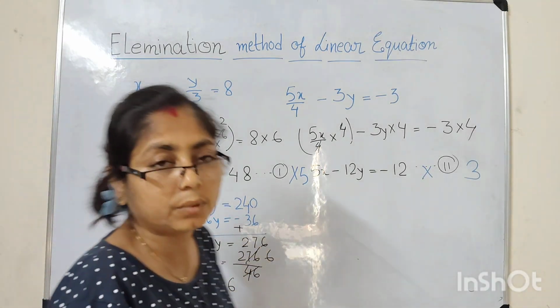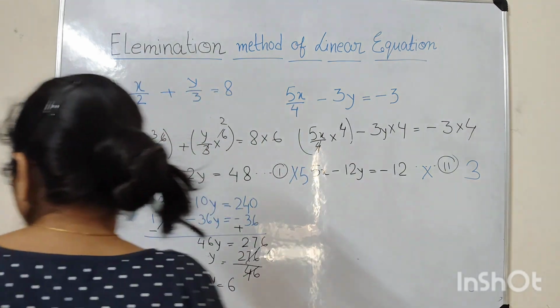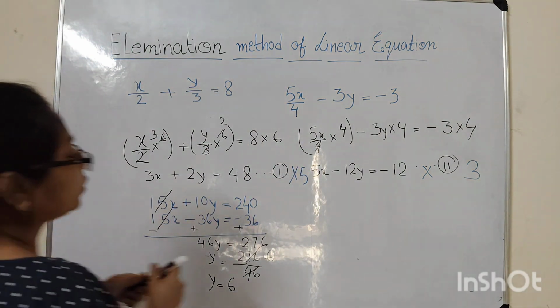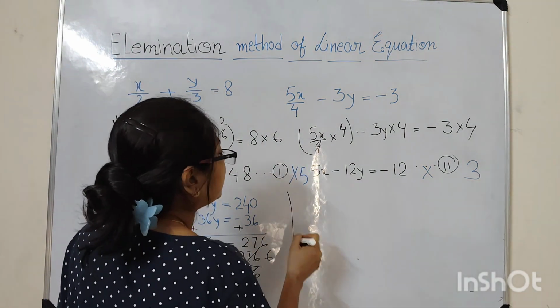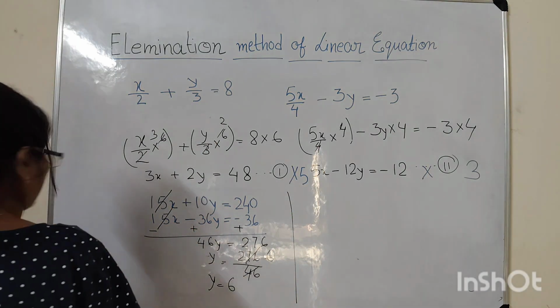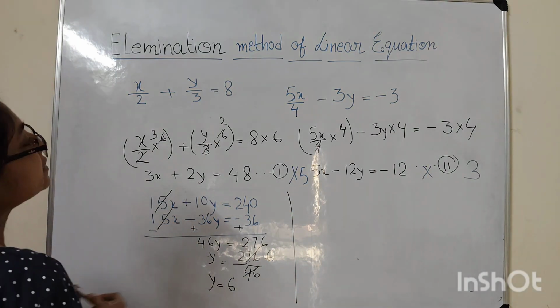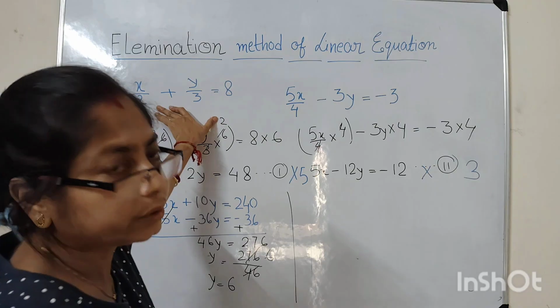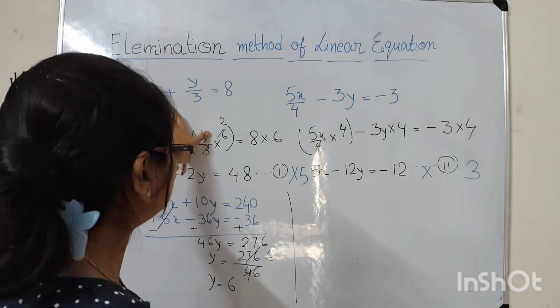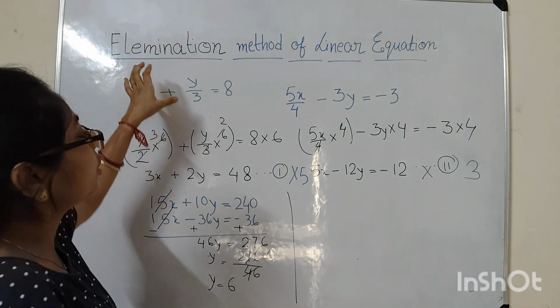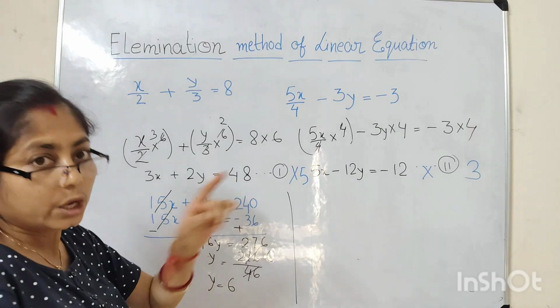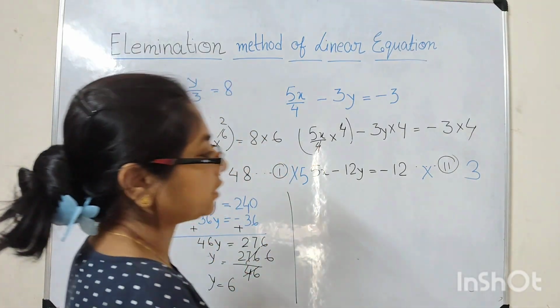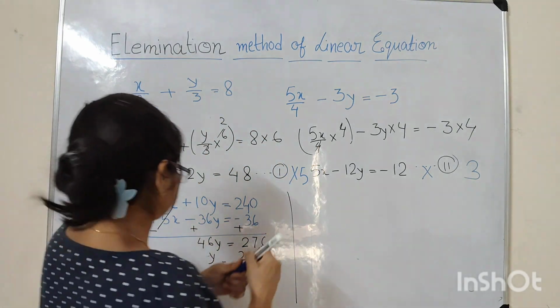We got the value of y. Now what are you doing? You go to the next step. You put the value of y in the first equation. In the first equation you can put it here, but I am telling you do not put it in the fraction form. You put it in the simple one. You put the value in that equation. It is easy for the calculation.